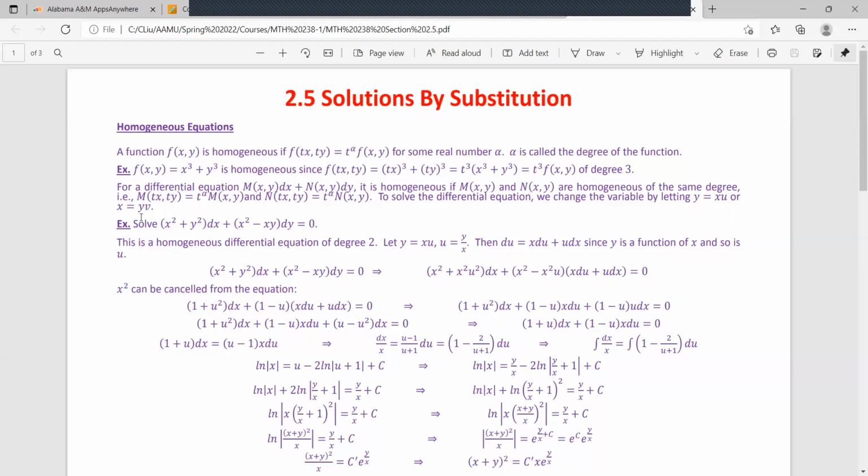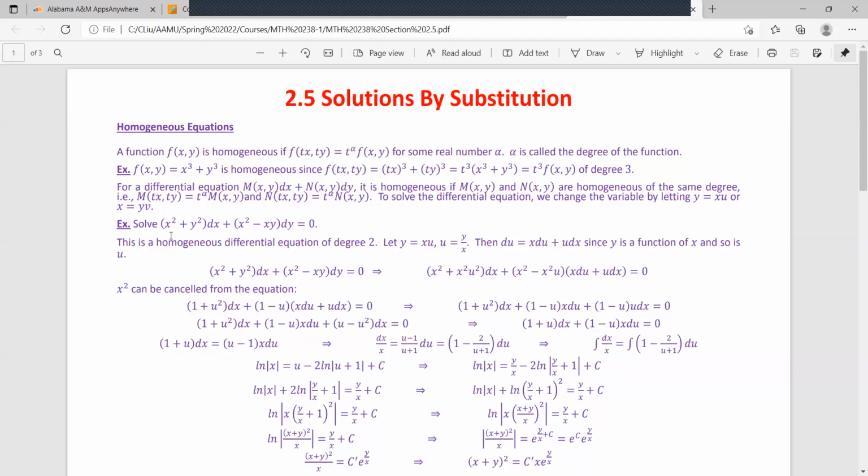Or if you use x equal to y times v, then the new equation will not have x. Instead, it only has y and v as variables, and you try to solve v as a function of y, okay?